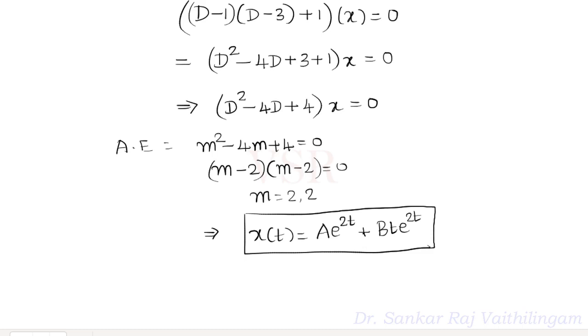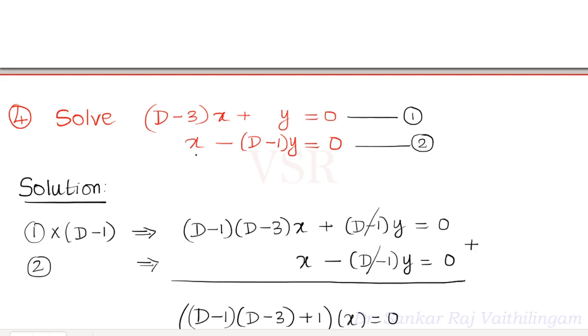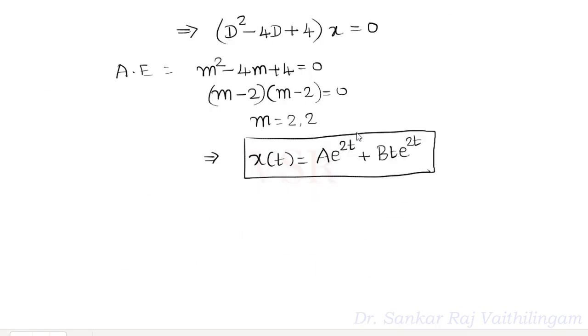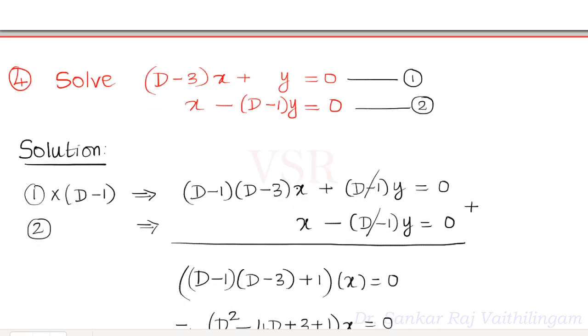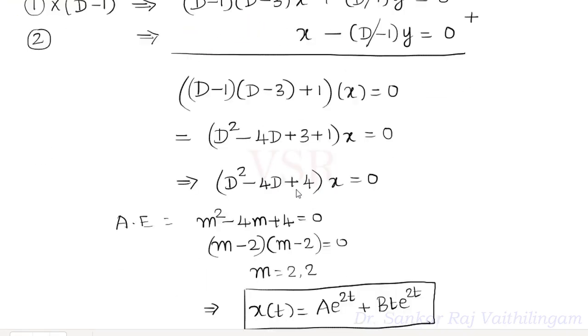Okay, now where can we substitute this? We can substitute in the second equation, x minus (D minus 1)y equals 0, or we can substitute in the first equation, where y is directly obtained. So substitute in the first equation: (D minus 3)x plus y equals 0. Substitute in 1, that is (D minus 3)x plus y which is equal to 0.